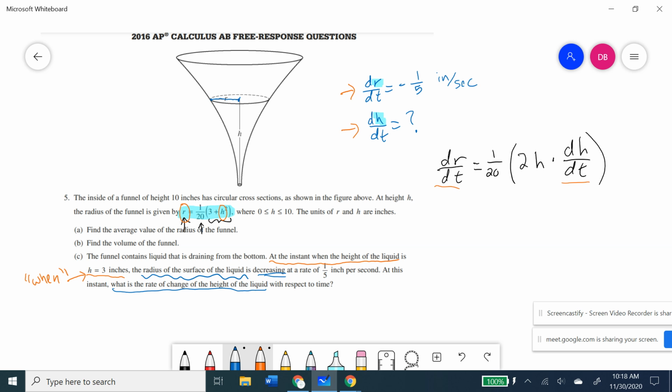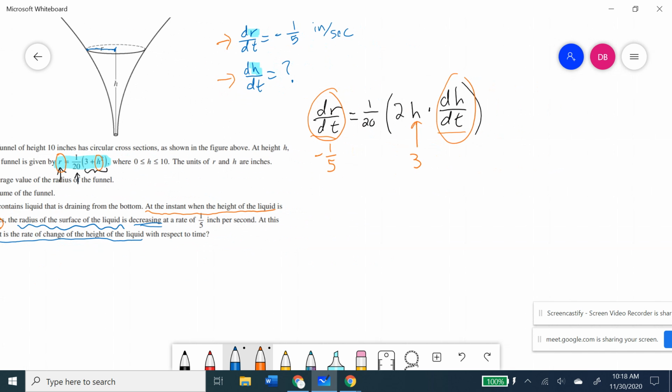So now it's plug and chug time once you have gotten this differential equation. Now you can plug the when information in. When h is equal to 3, and we are given dr/dt is -1/5, and we're asked to find dh/dt, so we're almost there. And at this point, do as little arithmetic as possible.